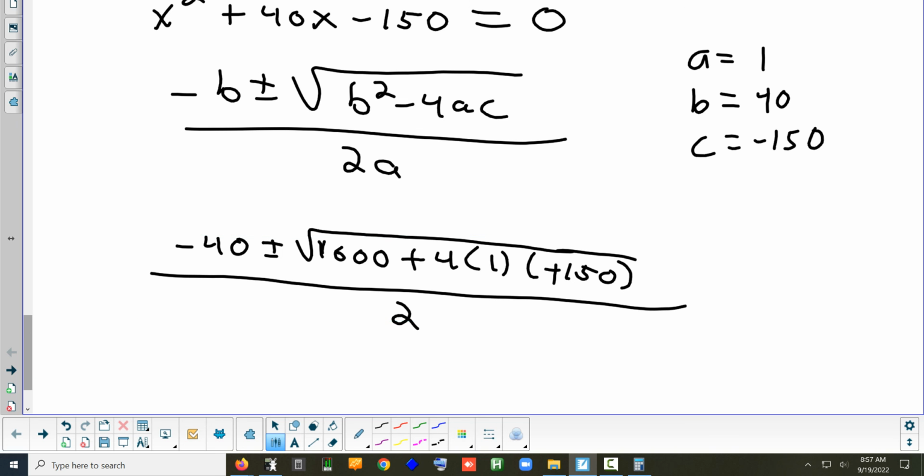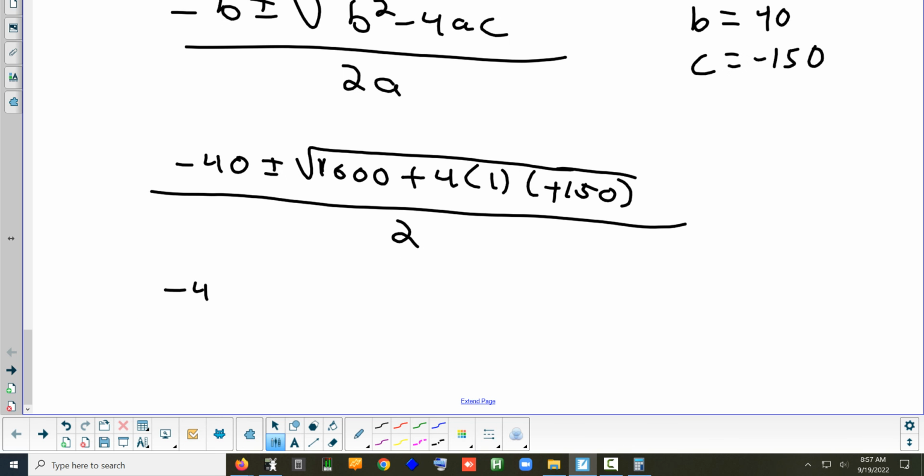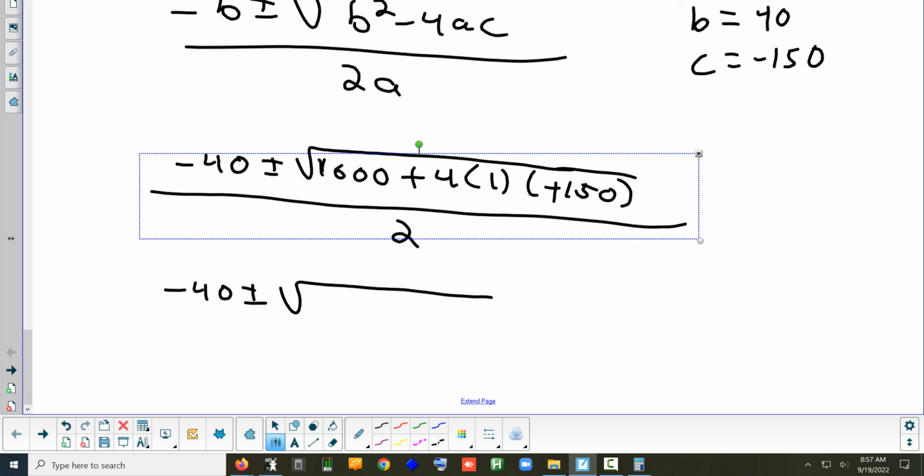All right, let's see what we get. So we have negative 40 plus or minus. What's 150 times 4? Yep, 600. And what's 600 plus 1600? 2,200.